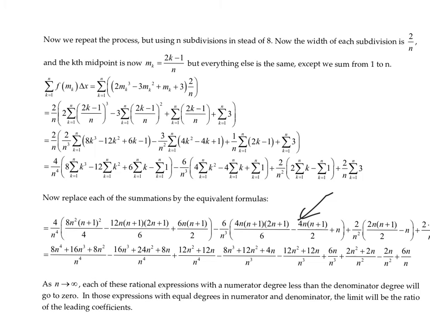formulas. And in these, I want you to remember that in a rational expression, if the degree of the top and the degree of the bottom are equal, the limit is the ratio of the leading coefficients. If the top has lower degree than the bottom, the limit is always 0.